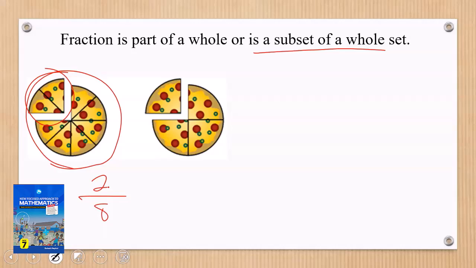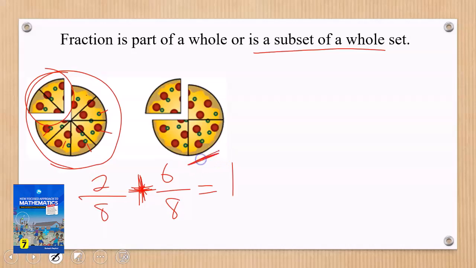The part that is remaining is 6 out of 8, right? That is 1, 2, 3, 4, 5, 6 out of 8. Now what it means is that if you add these two fractions together, it should give you 1 as a whole. That is what it means.